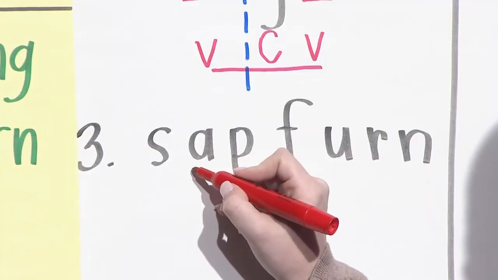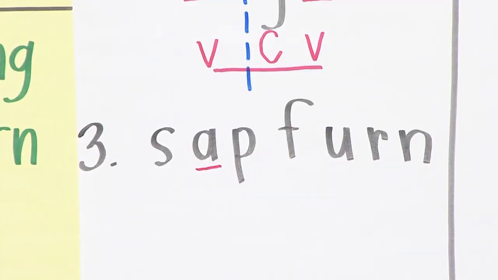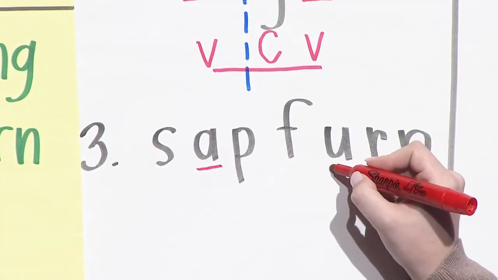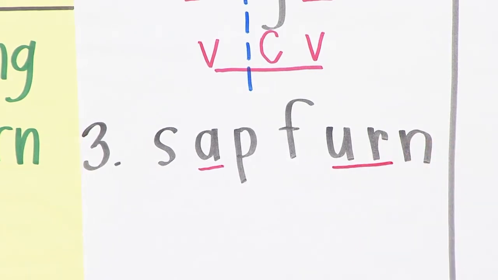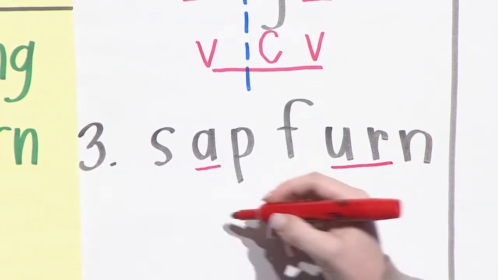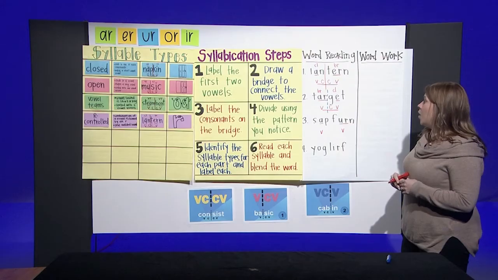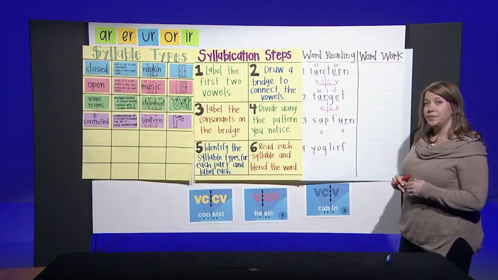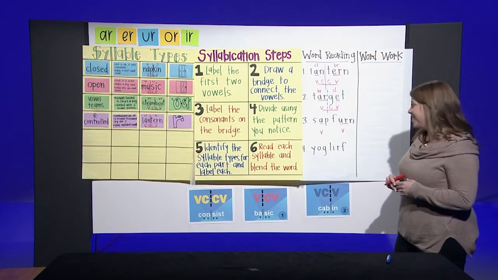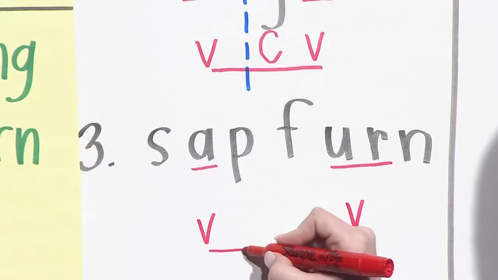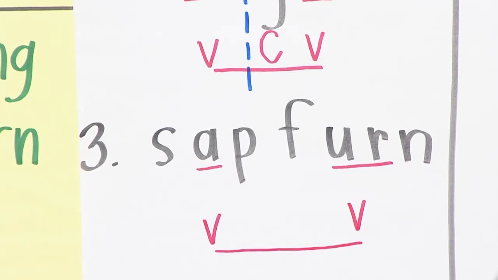Yes, I see vowel A and R-controlled vowel U-R. Very good. Let's label those with a V for vowel. What does step 2 ask you to do? That's right. We're going to draw our bridge, connecting those vowels.